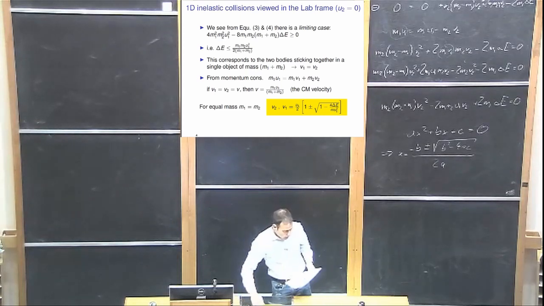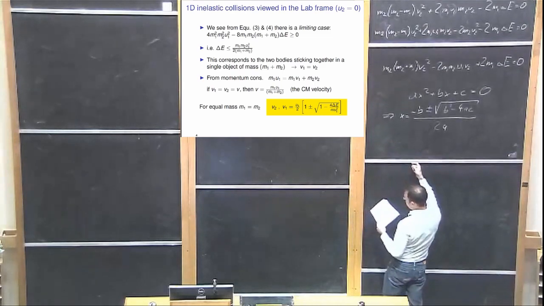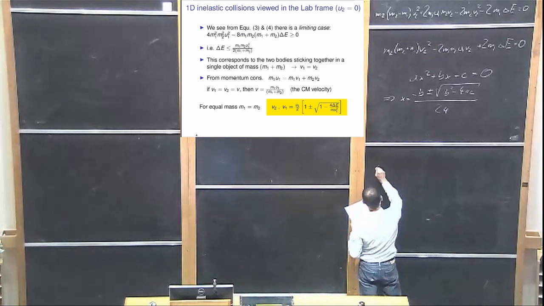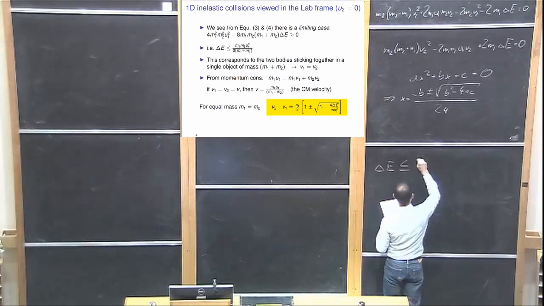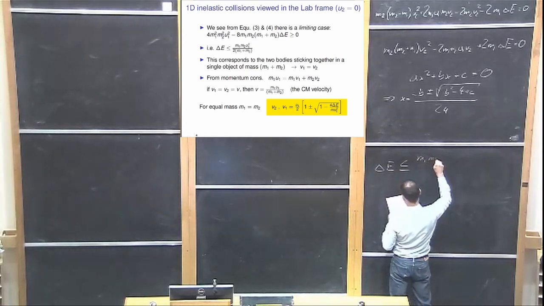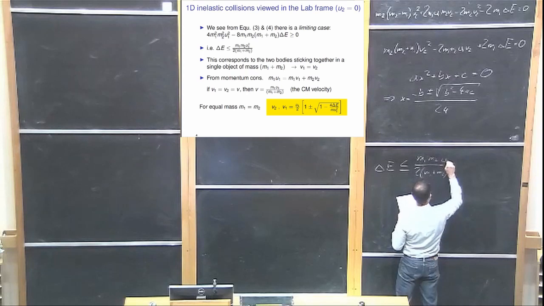I'm sure to some of you, this term looks familiar. So delta E is smaller than or equal to M1 M2 over 2 times M1 plus M2, times U1 squared.